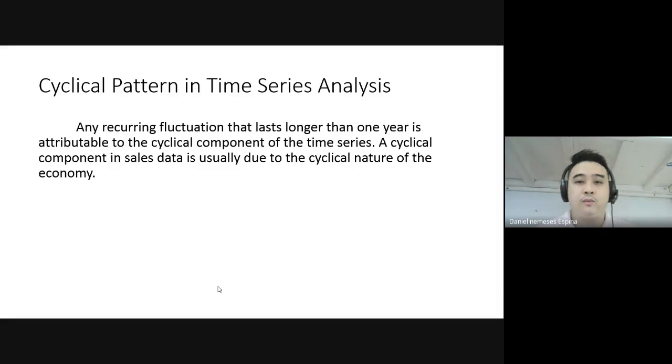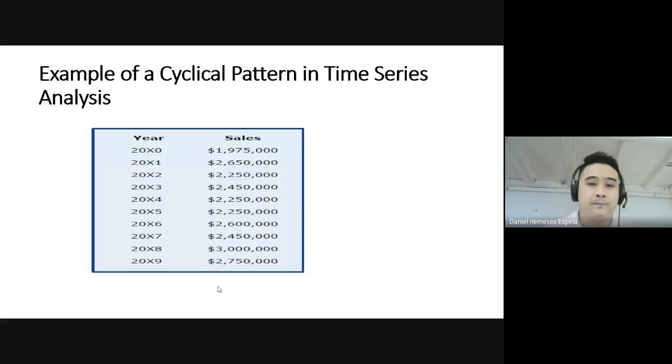In a booming situation, these businesses will thrive, while during a recession or depression, they will result in poor performance. Businesses such as casinos or businesses that sell luxury items. Okay, so how do we detect if there's a cyclical pattern?